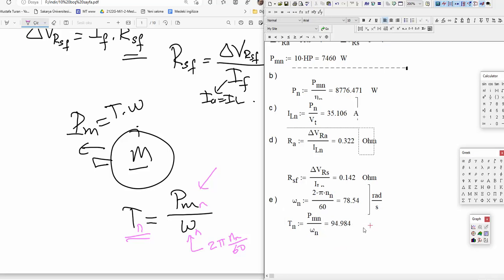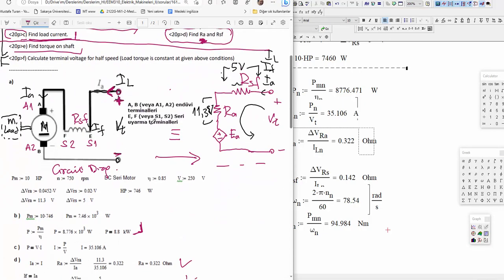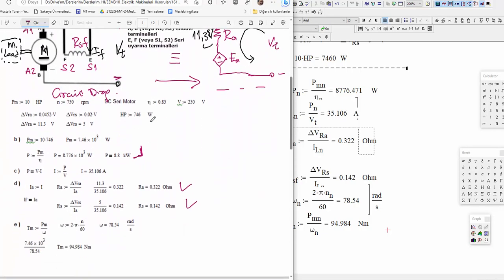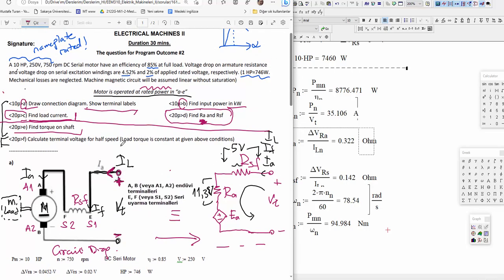So torque can be calculated as 94.984 Newton meters. That's it. As you see, it is easy, radian per second, and that is the rated output torque. Ladies and gentlemen, we got 80 points right now.